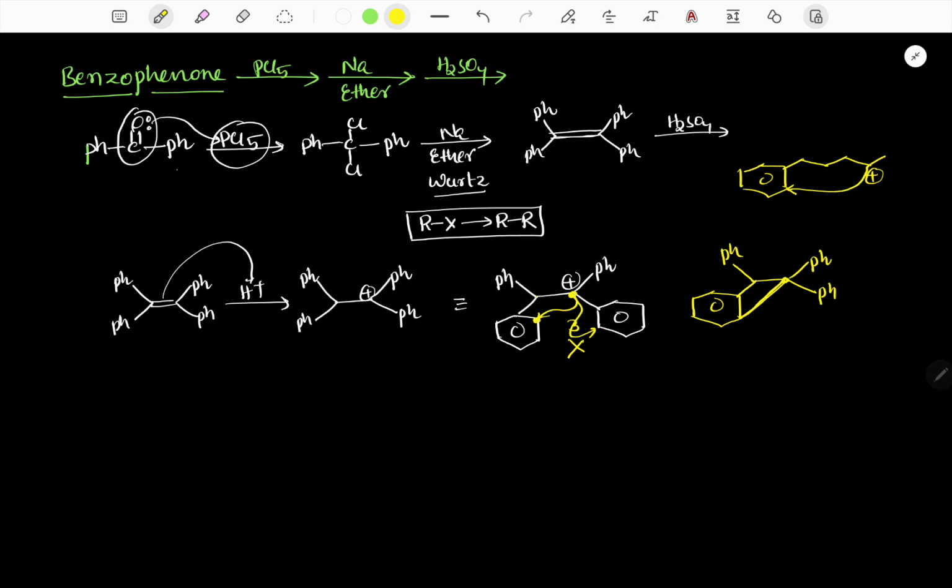This is one possibility. Another possibility is, because of resonance, this carbon gets positive.